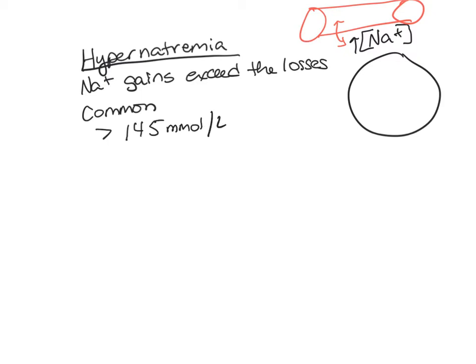So you should know the normal values of sodium. The normal values are 135 to 145. Anything over 145 means there's too much sodium, and that's hypernatremia. Hypernatremia can be caused by things like dehydration, where you're losing water but you're not losing sodium, so the sodium concentration increases.